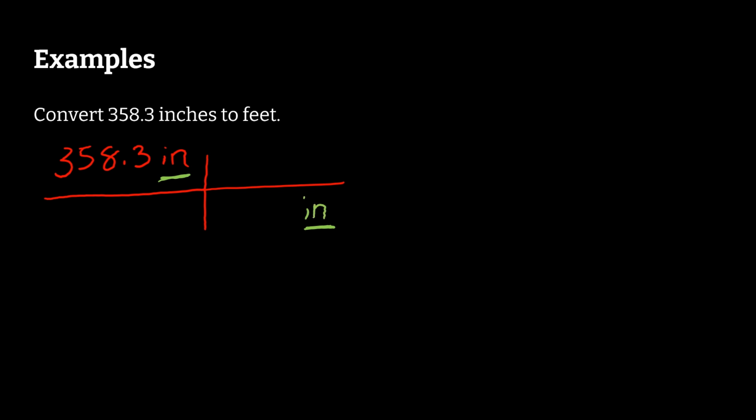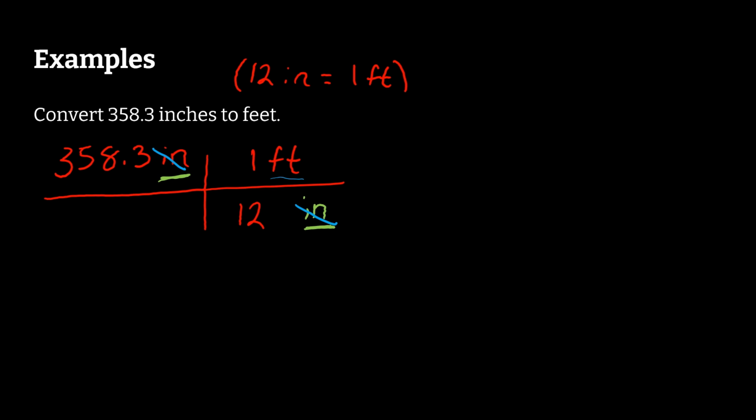If we remember that 12 inches is equal to 1 foot, this will be the conversion factor that we're able to use. And if we look, we're able to see that the inches will cancel, leaving us with feet, which is what we're trying to find.